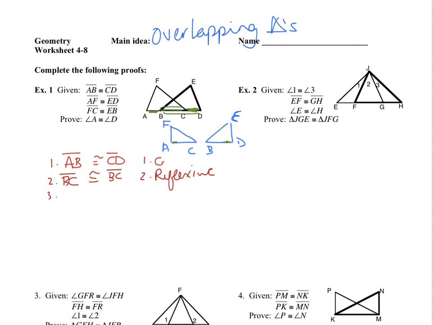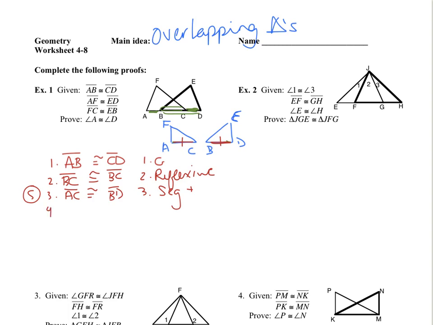So number 3, now I can say this whole side is congruent to this whole side. So AC is congruent to BD by segment addition, because I added those two sides together. And that is a side of a triangle, so I'm going to put an S over here.